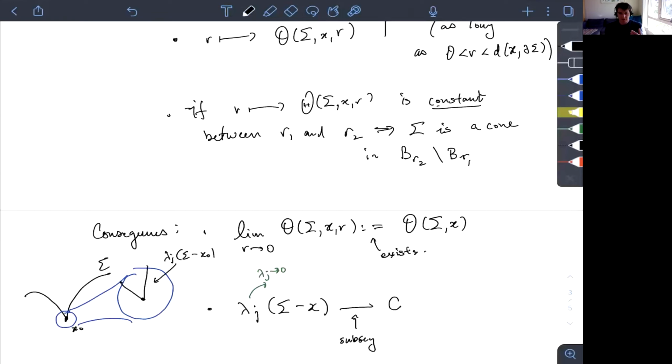So you can zoom in around any point and pass through a subsequence and converge weakly to some cone. And we call these the tangent cones. And if you're not an expert in this field, you may not know, but this cone may not be unique.